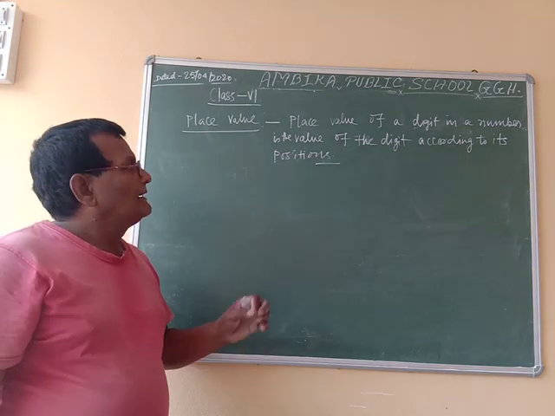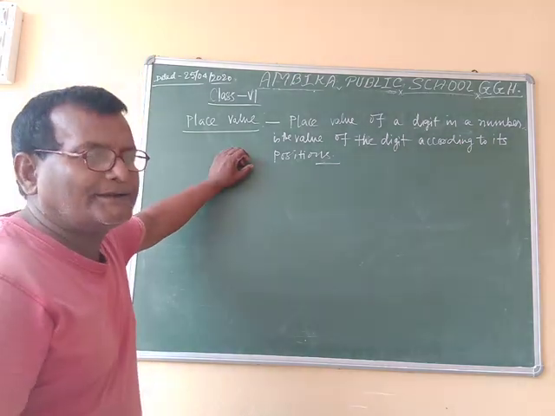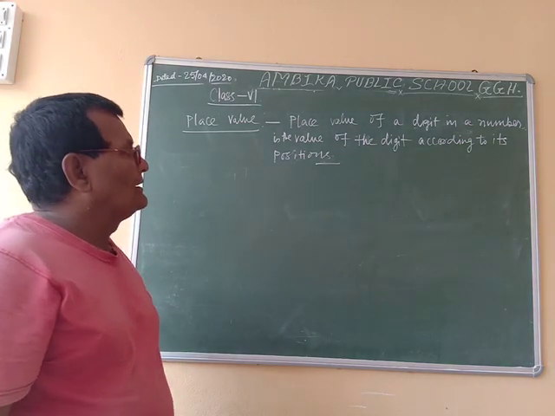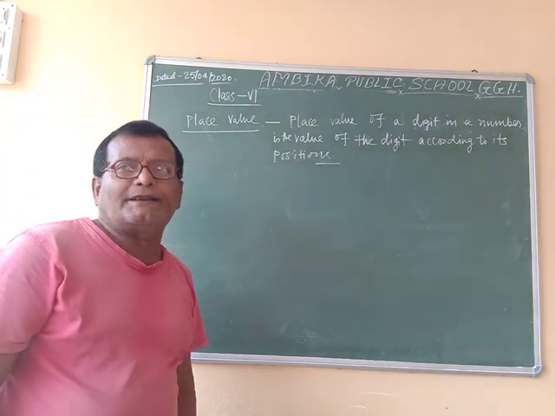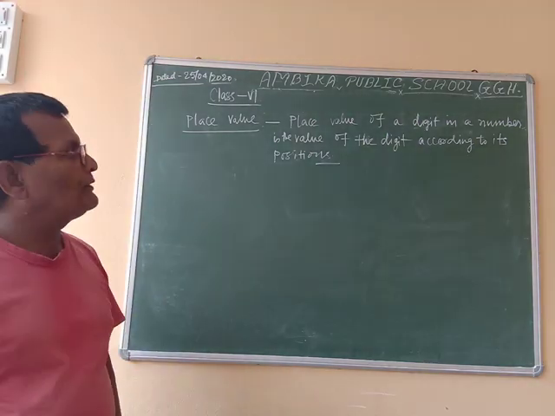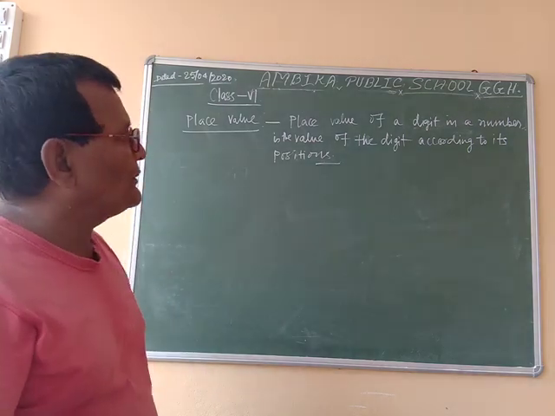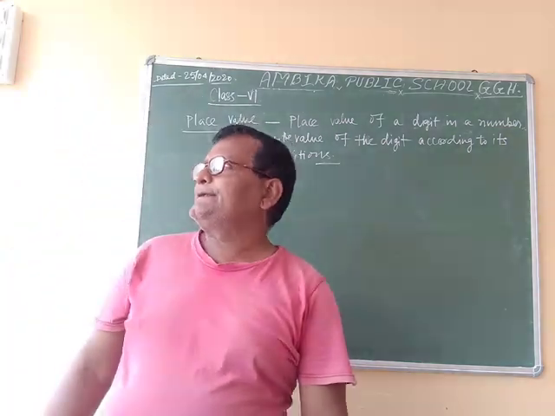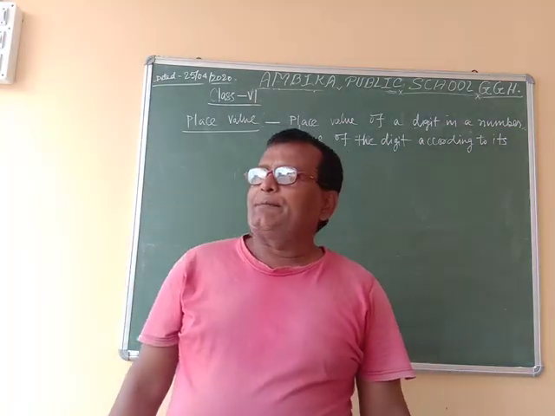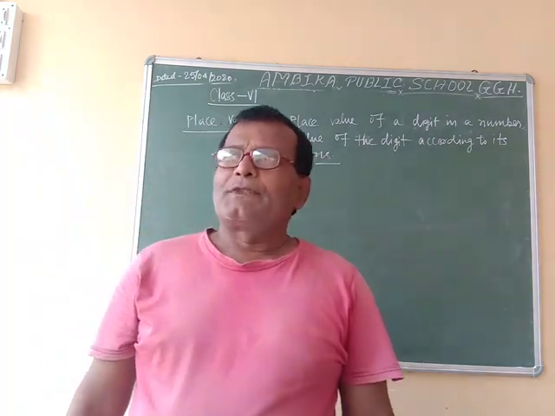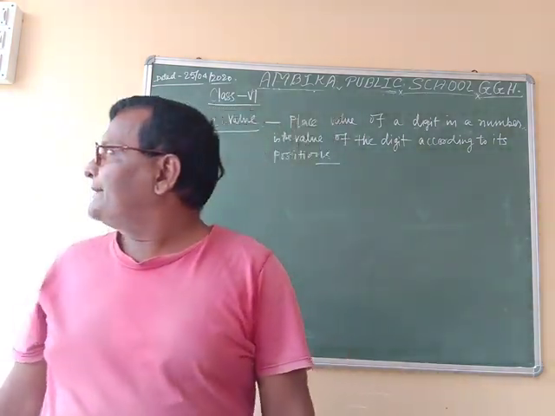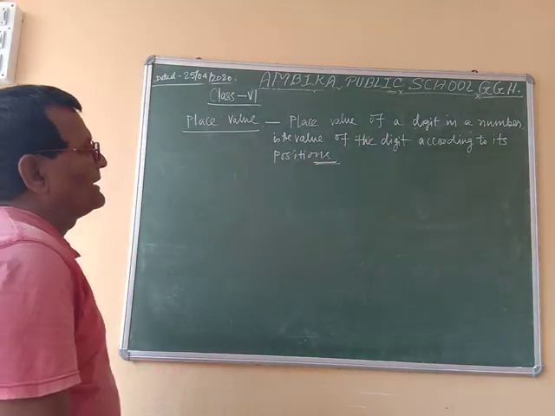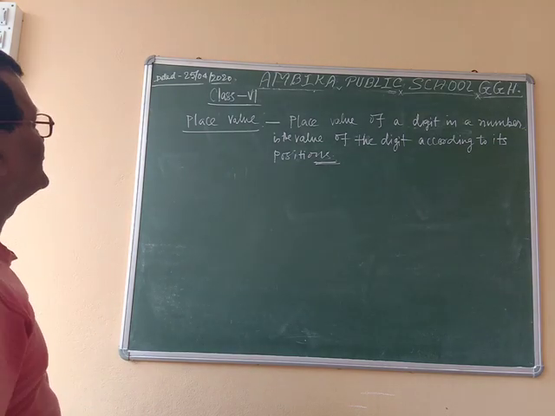If a digit is at 100 place, then the place value of the digit will be 500, 200, 300, 400. So place value of a digit in a number is the value of the digit according to its position. If a digit is at 10th place, then the place value of the number is right according to its position.